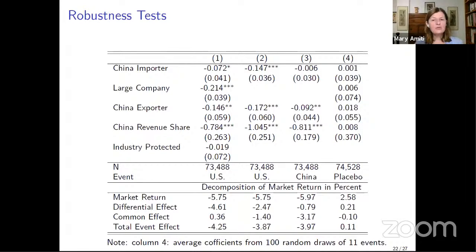We randomly drew 11 events and regressed them on our variables. We did this 100 times, and as you see, you don't get anything. Everything's insignificant here. That adds some confidence that these are actually picking up something meaningful.